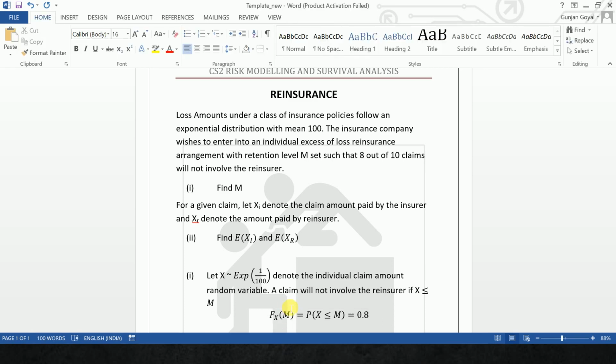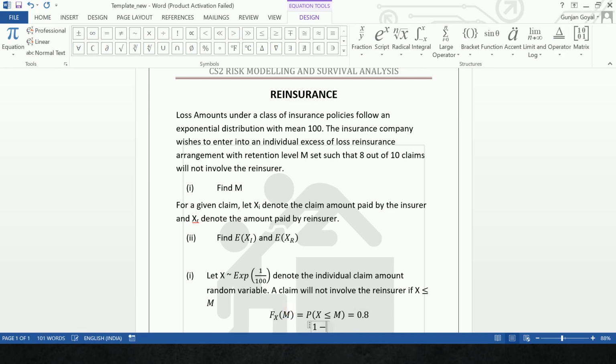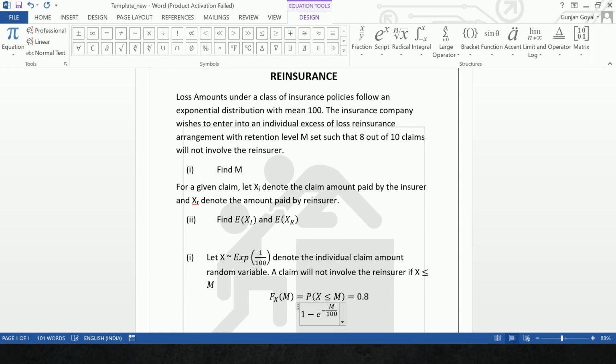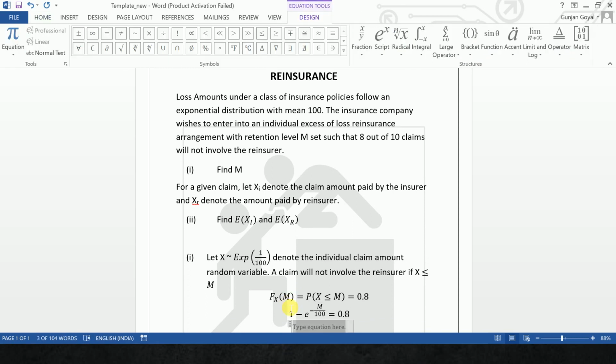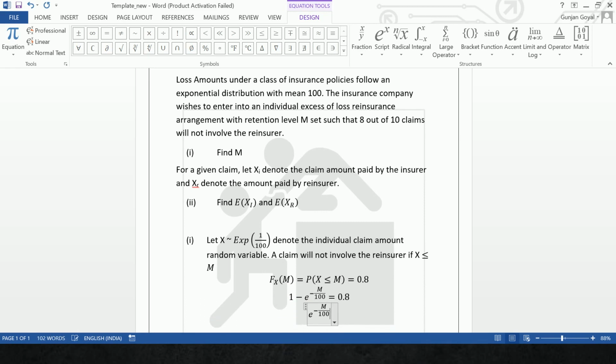So we can write 1 minus e to the power minus M by 100 is equal to 0.8, or let's say, I'll just write e to the power minus M by 100 is equal to 0.2.